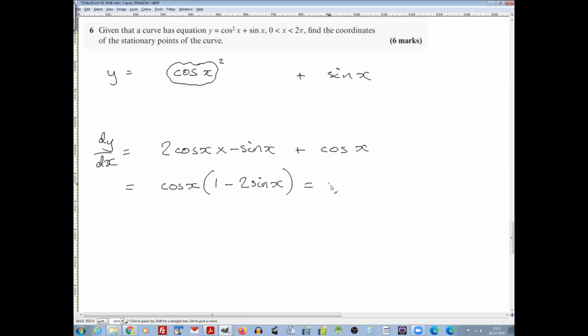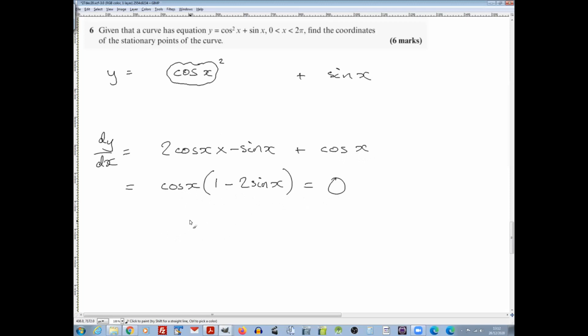Whereas if we'd had a double angle here, if we thought of that as sine 2x, then solving the equation isn't going to be as easy. So this is better. So solve this equation.